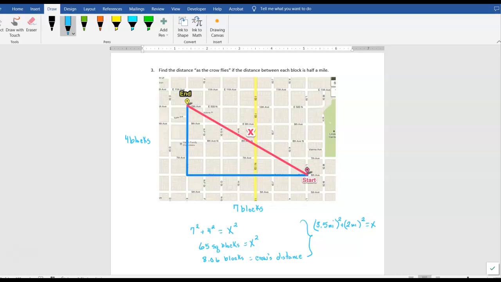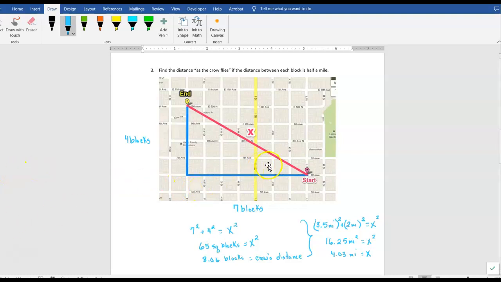That will also give us our X squared. And we have 16.25 square miles. And when we take the square root of 16.25, we're going to end up with 4.03 miles is that X, or the crow's distance.